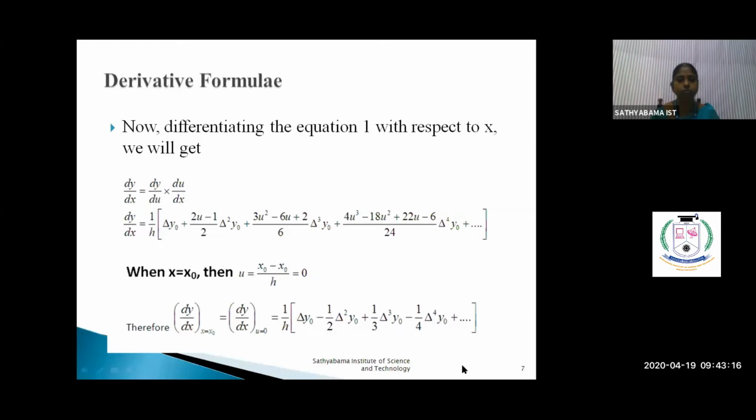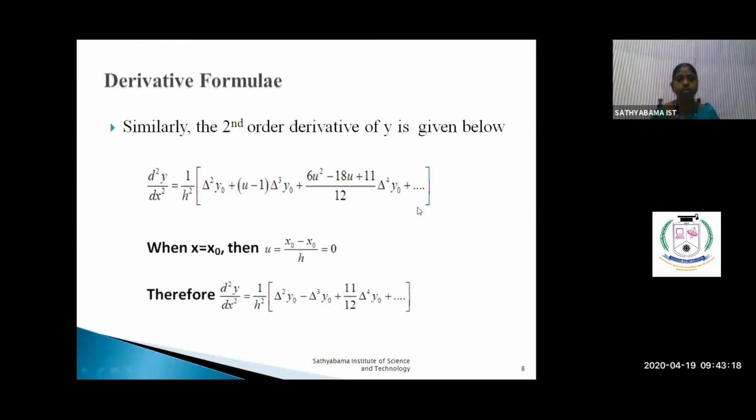So when I use that, I get this formula: d square y by dx square equals 1 by h square [delta square y naught plus (u minus 1) delta cube y naught plus (6u square minus 18u plus 11) by 12 delta power 4 y naught plus etc.]